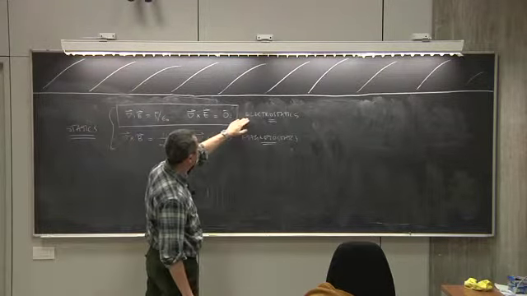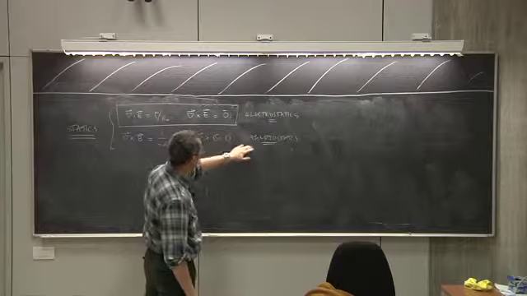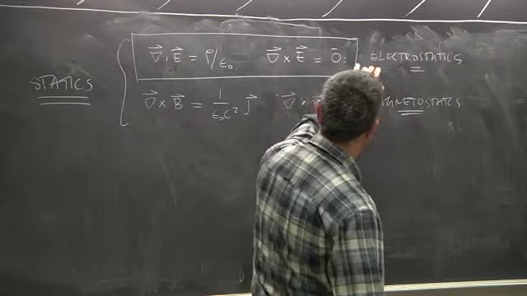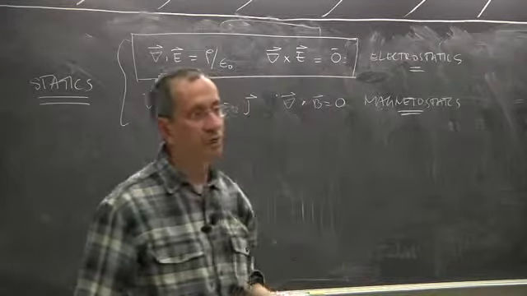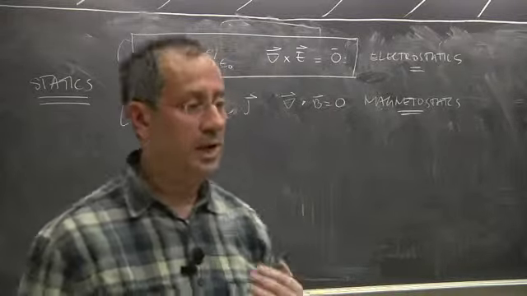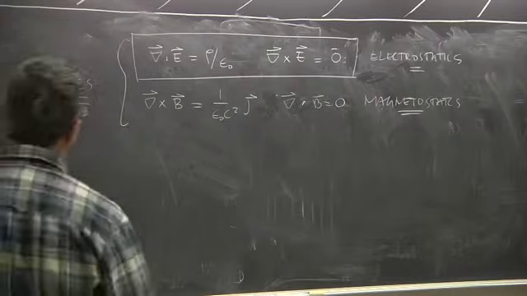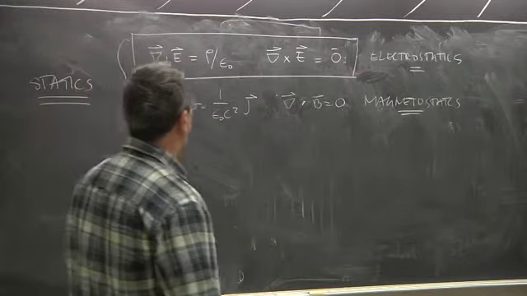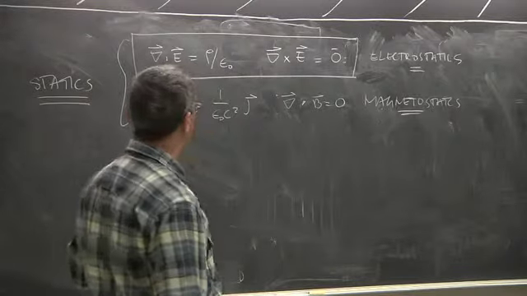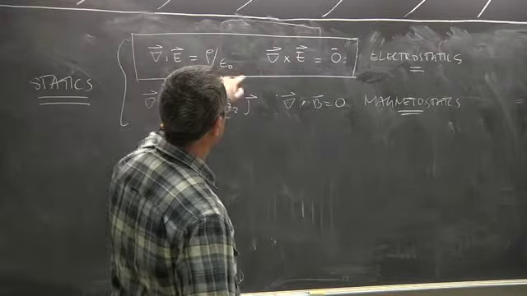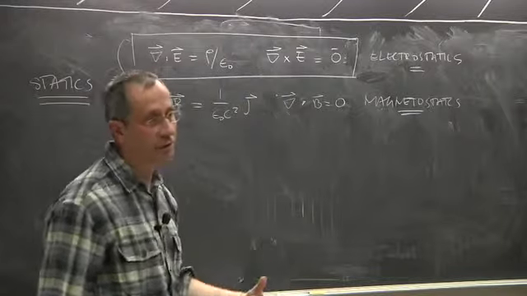And so then you can study the electrostatics first, or vice versa, but traditionally, electrostatics first, then magnetostatics. And that's what people in the old days did. In fact, a lot of 18th century, 19th century physics was about these equations, about electrostatics.